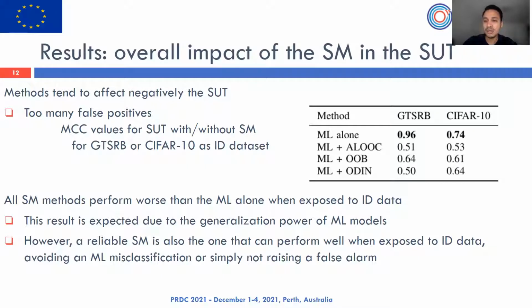But we see a huge decrease in the performance. MCC falls from 1 to 0.5. In the case of outside of box, 0.6. Okay, but it is still a huge gap. So it's quite difficult to rely on the safety monitor when you know that it is decreasing the default performance of the system.